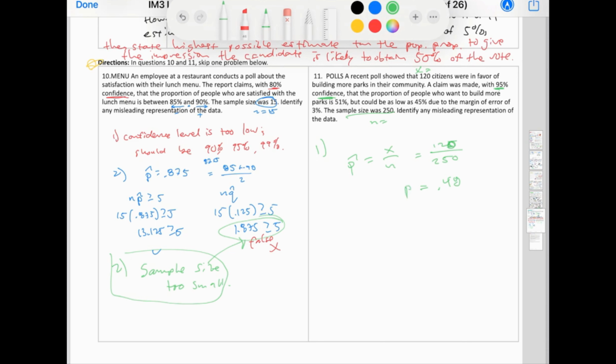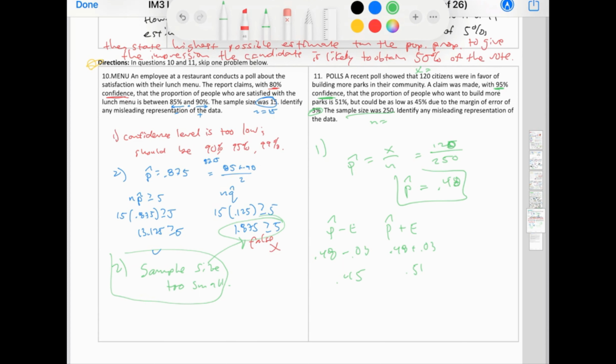So p hat is 0.48, and that's in the middle. Because if you take p hat plus e and p hat minus e, with the margin of error of 3%, you'll get 0.45 and 0.51 or 51%.